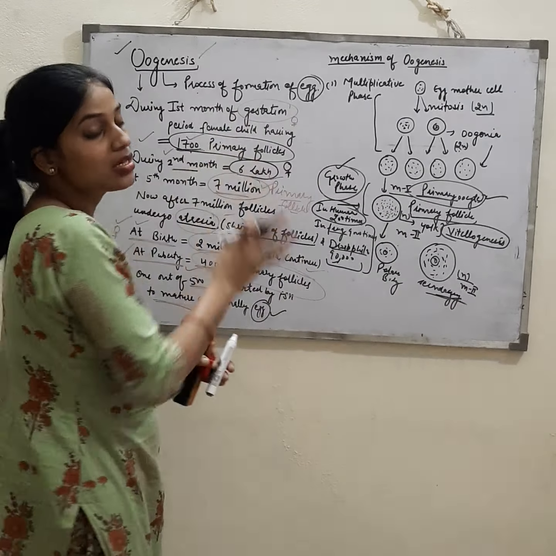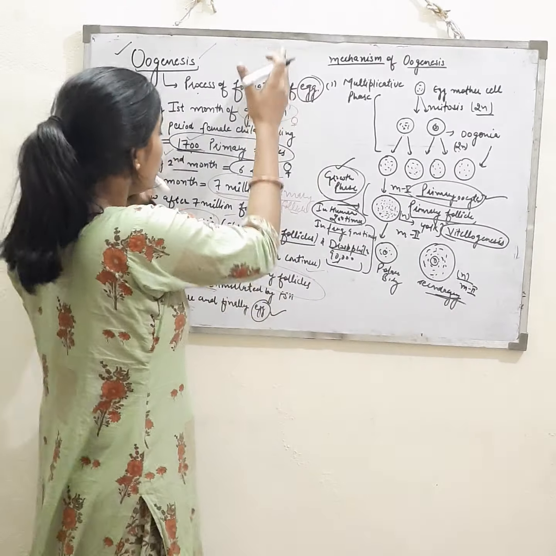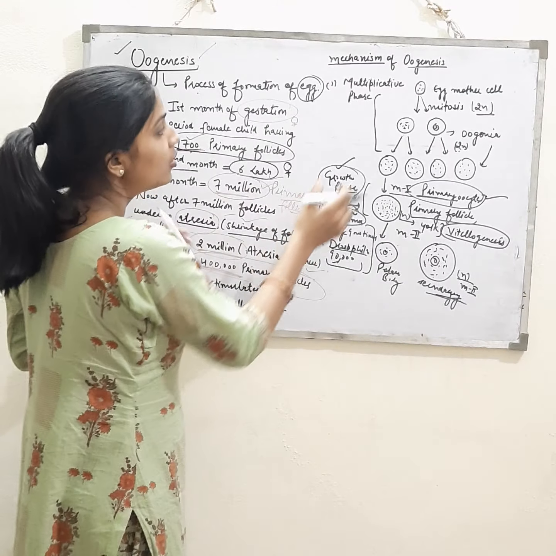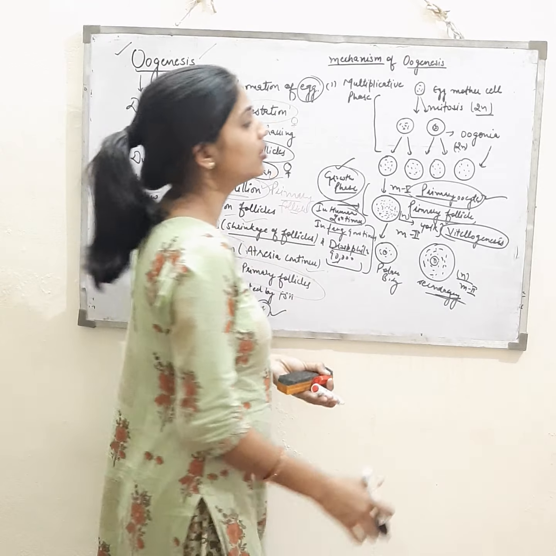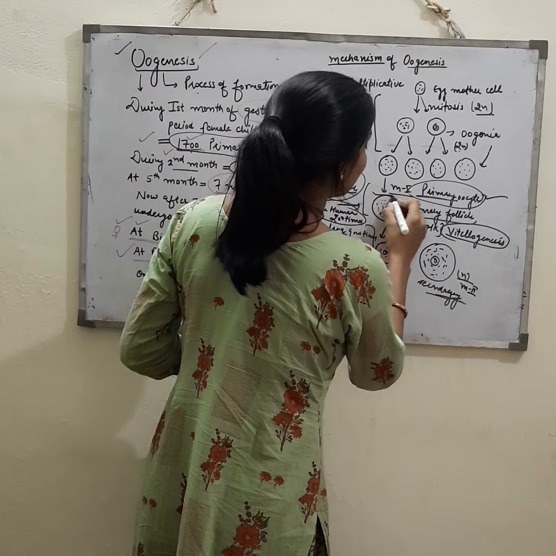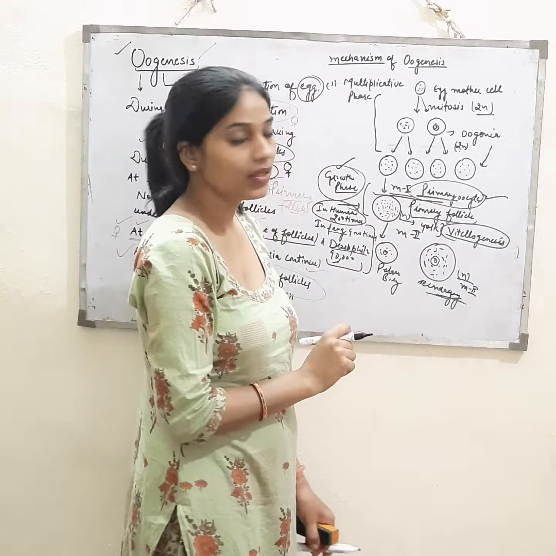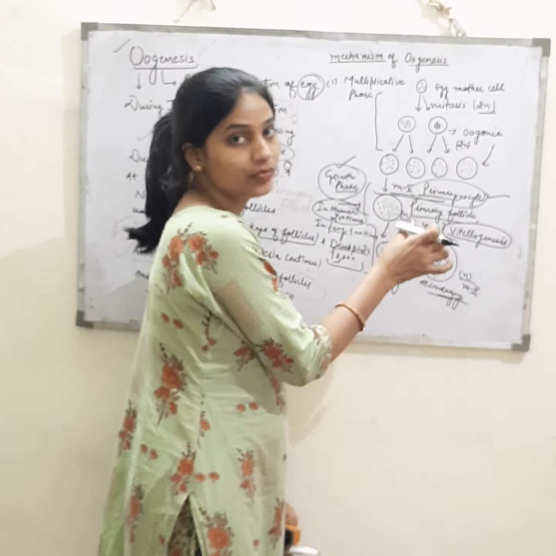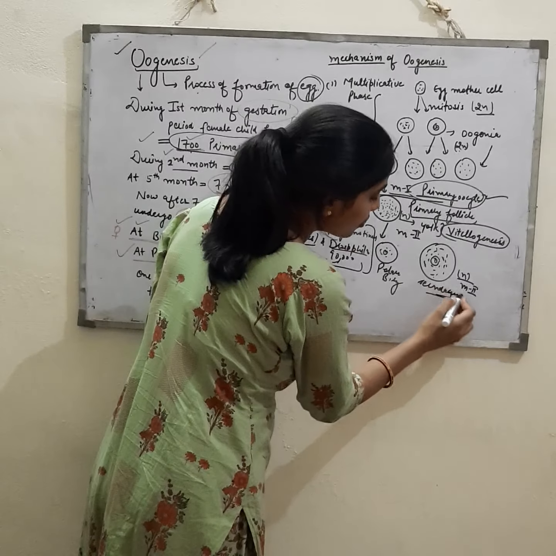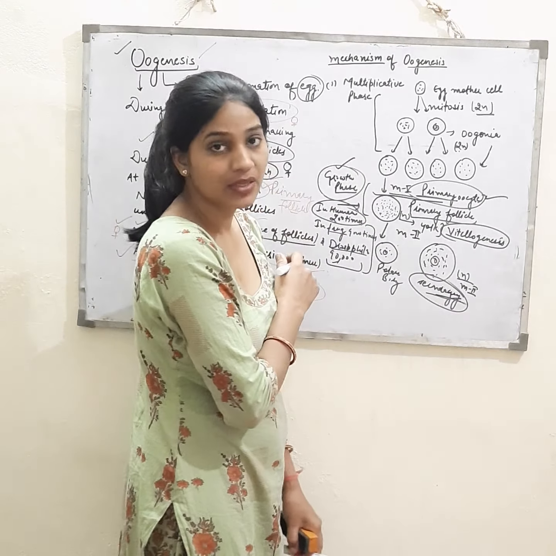This oogenesis is a discontinuous process. As you know about this mechanism, the follicles start developing when the female child is inside the mother's womb, and this one is arrested at meiosis 1. When the female child attains puberty, it will resume, and now it will be arrested at the secondary oocyte stage.